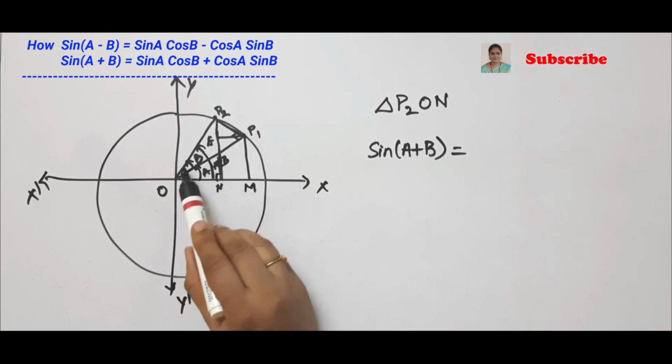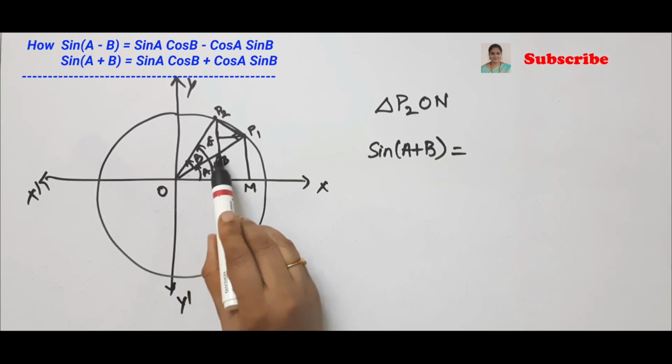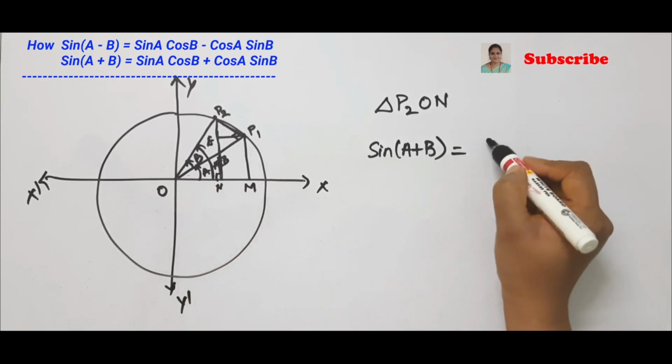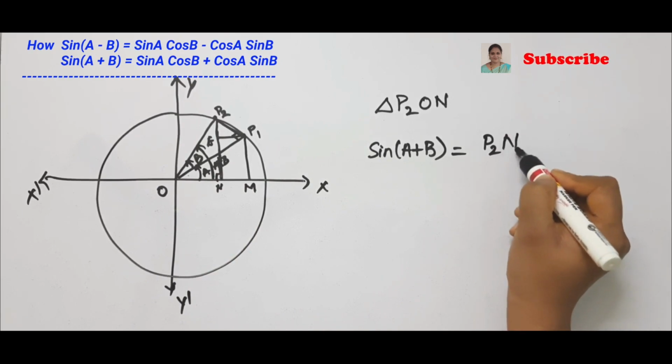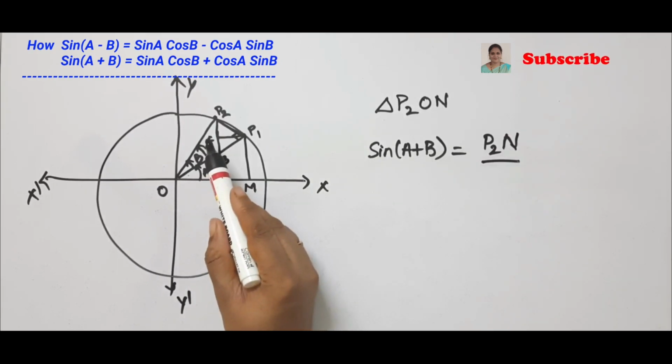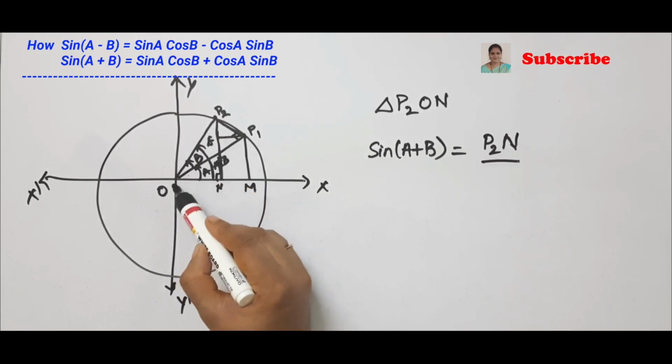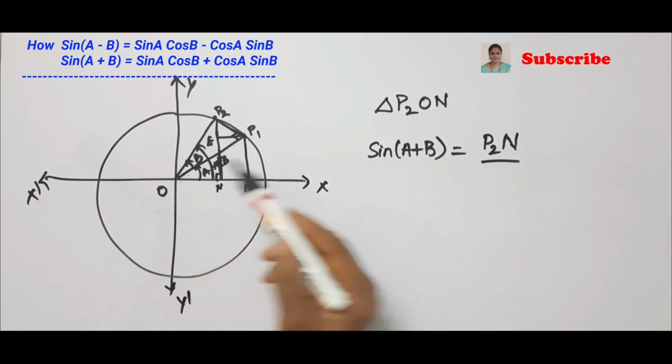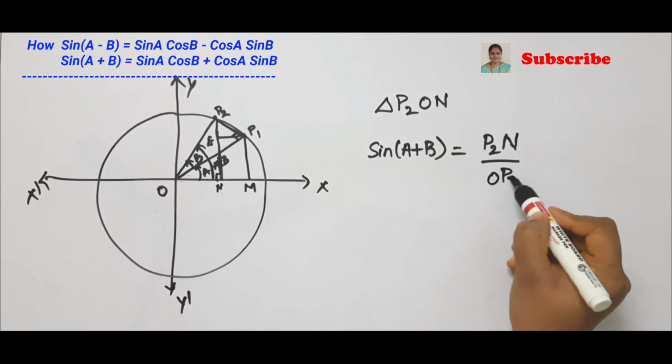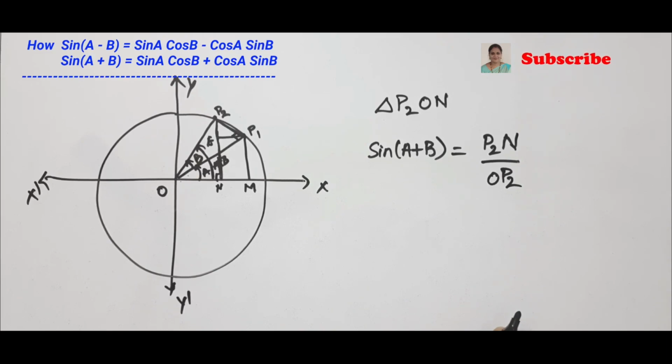The side opposite to this angle is P2N, so P2N by hypotenuse. Hypotenuse here is OP2.